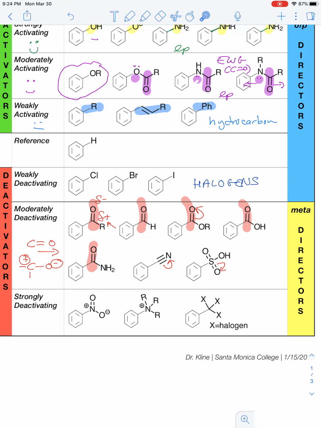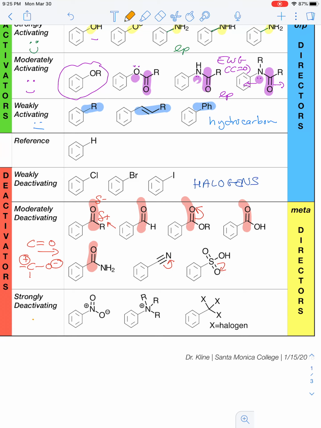And that's going to be more deactivating than having the partial positive charges that we had up here. And then you have this scenario where you put several halogens on the atom that's directly attached to the ring. So, and here is the nitro group that is basically the poster child for being an electron withdrawing group and extremely strongly deactivating at the same time.